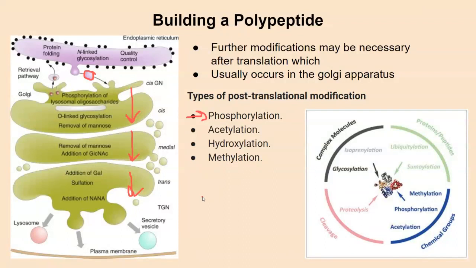There are many, many more changes that can happen inside the Golgi apparatus, but the main players are phosphorylation, methylation, and acetylation. So all kinds of different changes can happen to these proteins before they're actual functional enzymes.